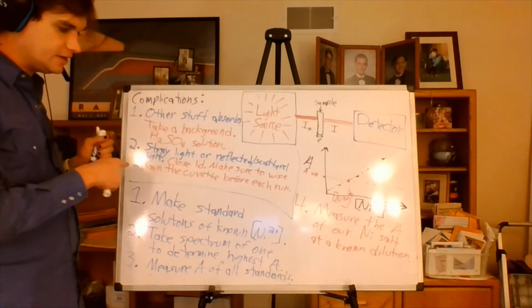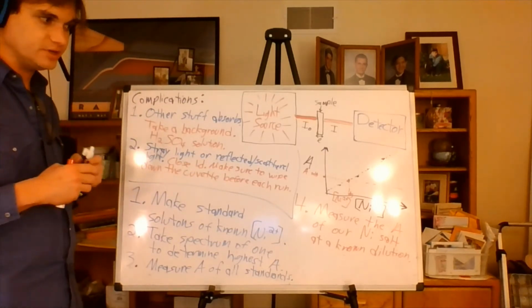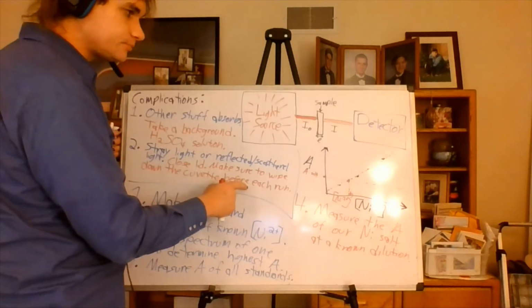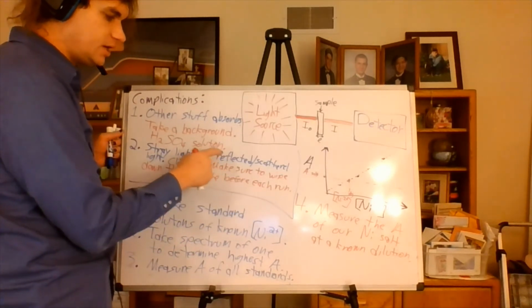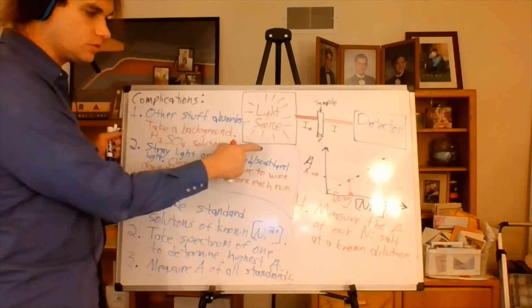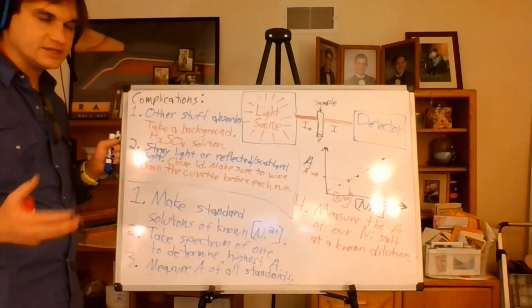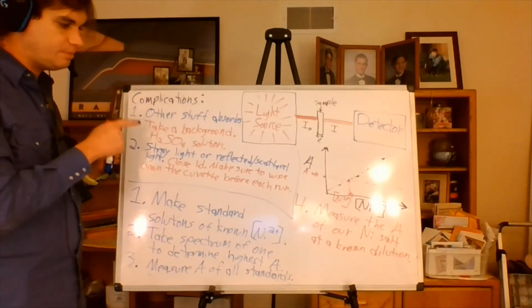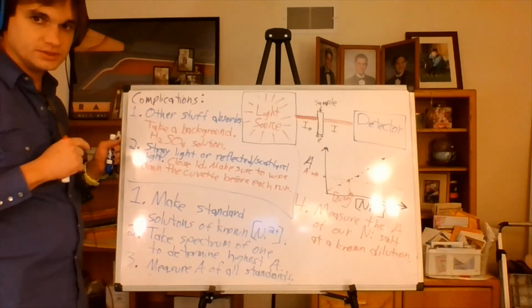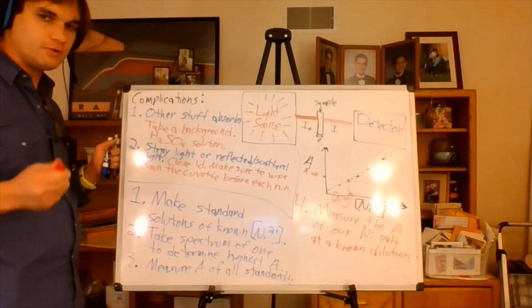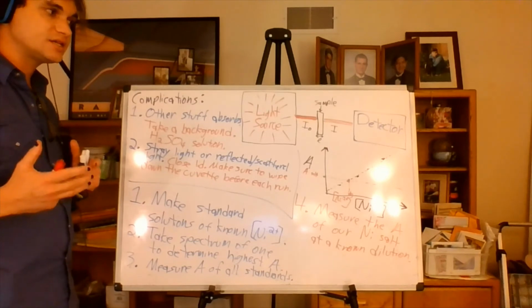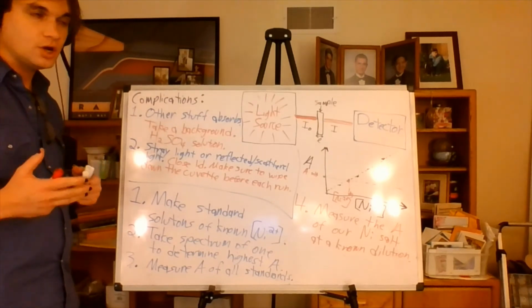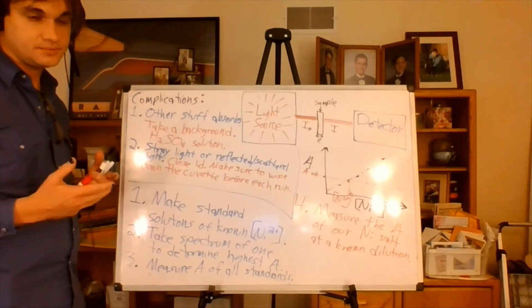So by wiping the outside of the cuvette down before each measurement, we can make sure that the amount of light that's either reflected or scattered by the cuvette is the same between the background and the test solutions. So that way, it doesn't matter that some of it is reflected, some of it is scattered. All we're looking for is the difference.